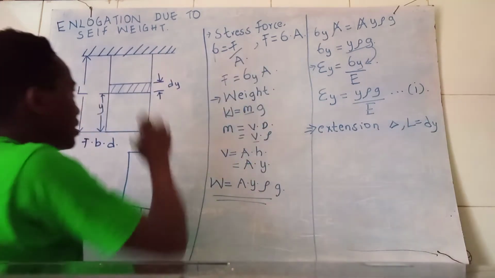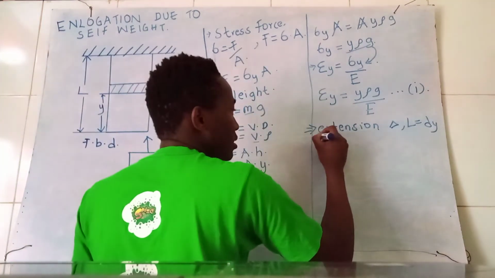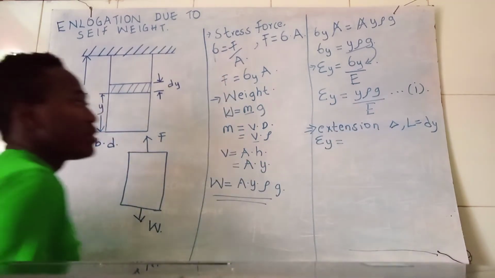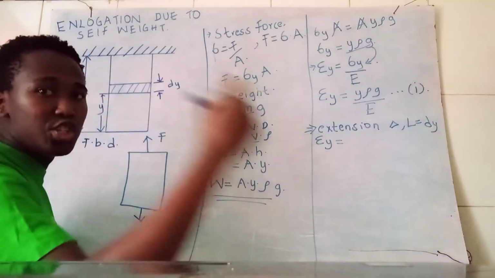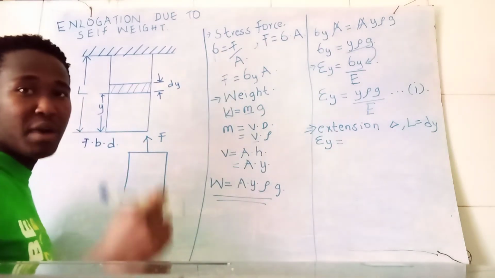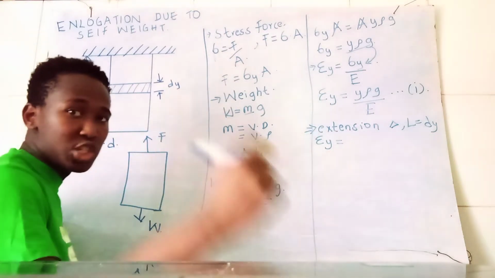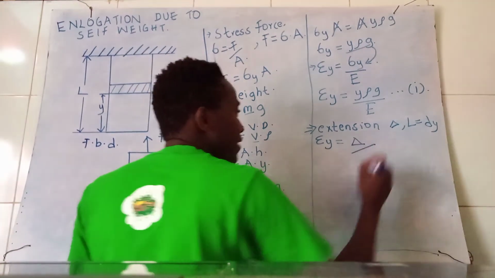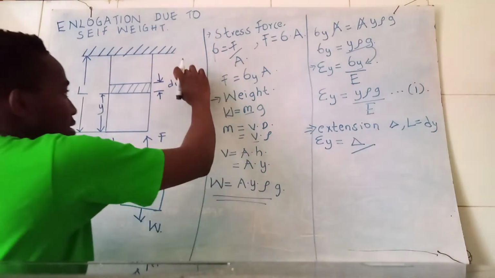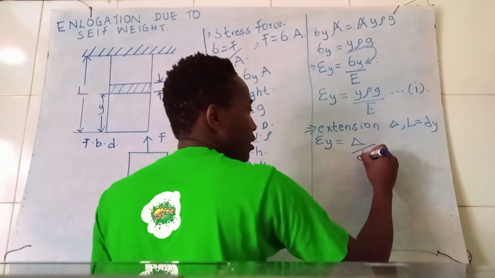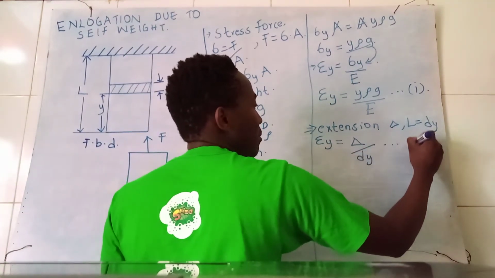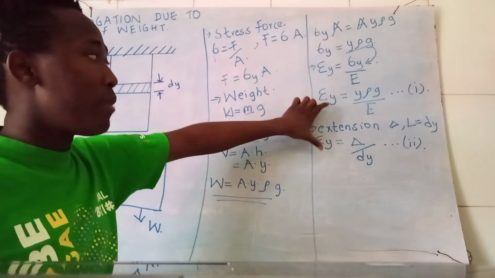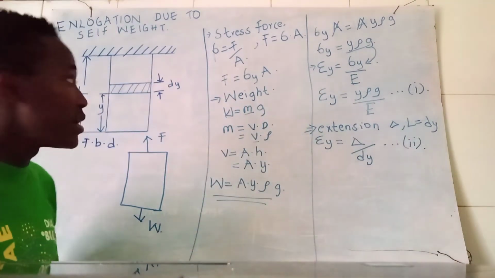That means the strain of this element, strain of y, where y is the distance from the bottom, is going to be given by change in length divided by original length. So the change in length is the extension delta divided by the original length, that is dy, and that is going to form my second equation. So I'm going to combine these two equations to give me a relation.